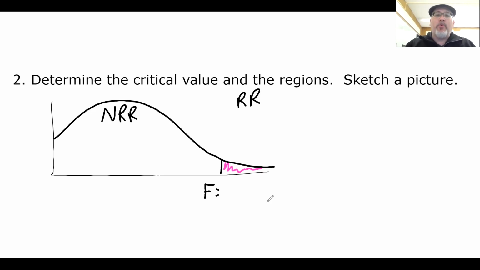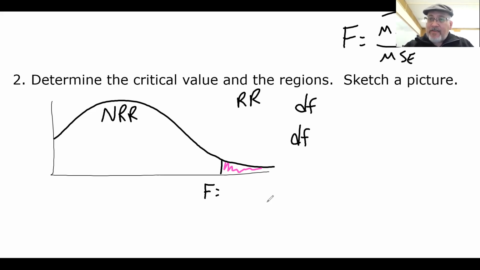To find our critical value, we need to use the F distribution table, which requires a couple of degrees of freedom. And I didn't clarify it, but in the ANOVA table, the degrees of freedom for the groups is the numerator degrees of freedom, because when we calculated the F statistic as MSG over MSE, the degrees of freedom represented the numerator and the denominator.